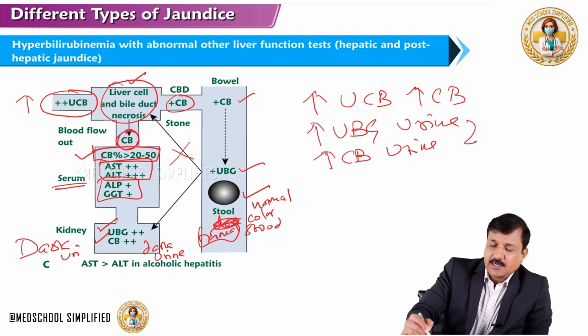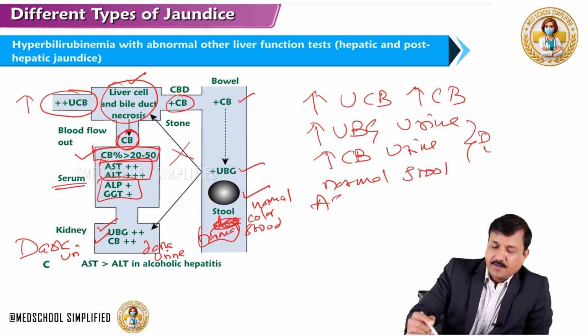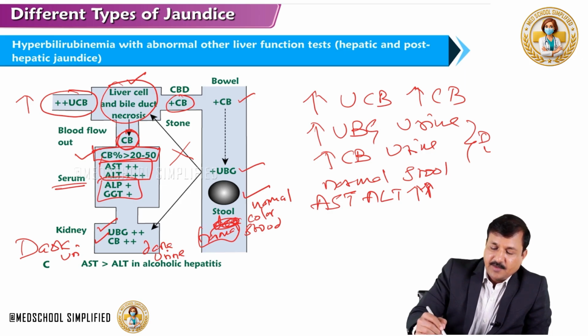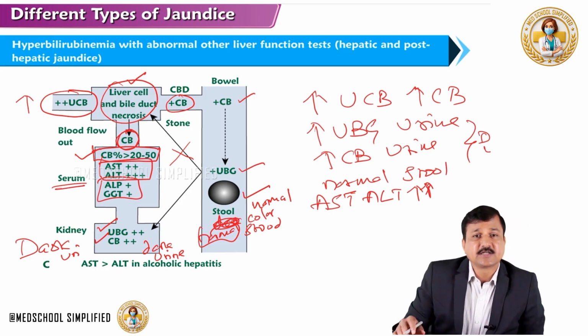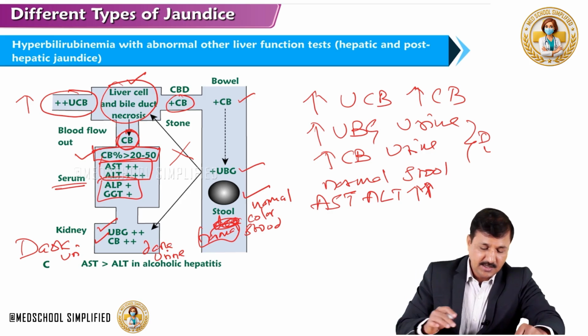That means dark urine, normal stool, and AST and ALT levels elevated out of proportion to ALP and GGT. These are the findings that you see in the hepatocellular pattern.